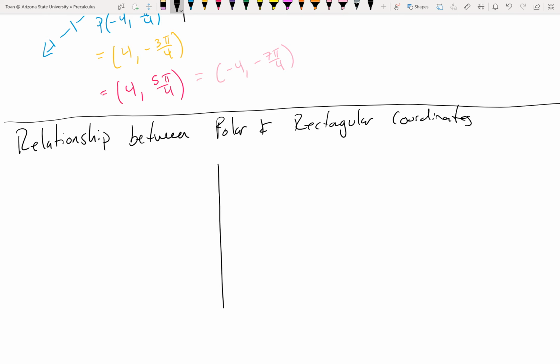So the best way to see the relationship between polar and rectangular coordinates is to plot both of them on the same picture. So what is the purpose of these coordinates again? It is to describe location. So I'm going to pick a random location. It doesn't matter what quadrant I pick. For the sake of simplicity, let's put it in the first quadrant.